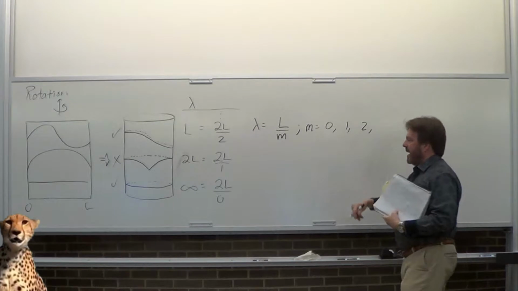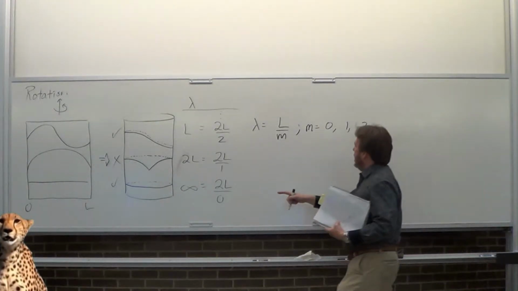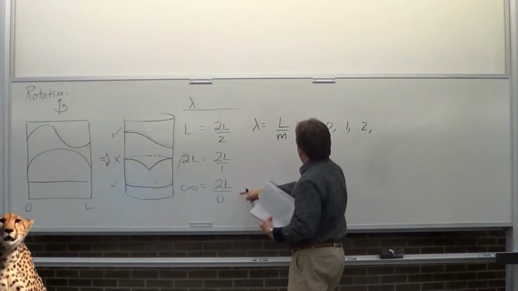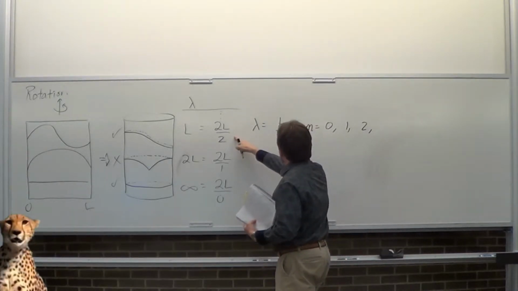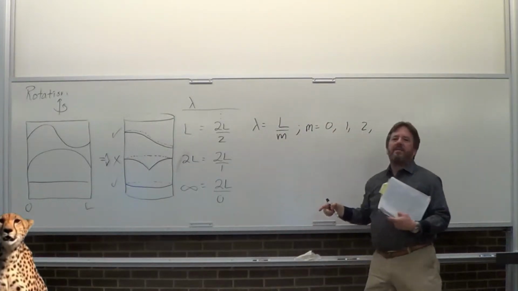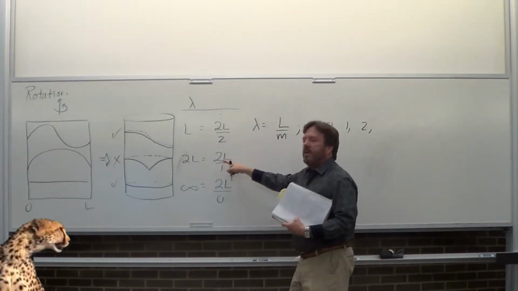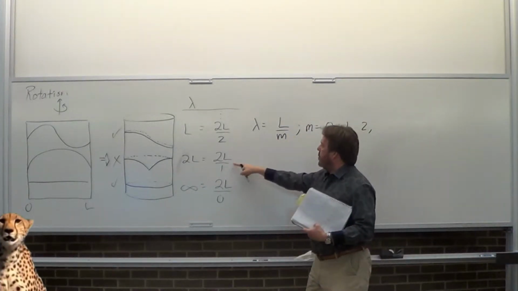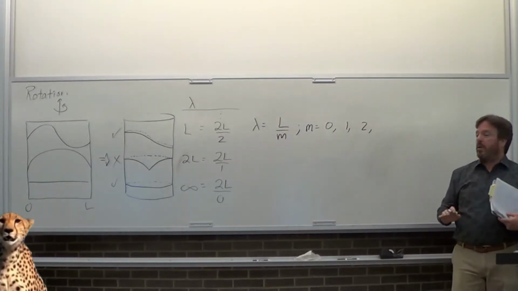So I took out the 2 as well. Then I've got L, and then the next one is a half L. So it has the right pattern, so that works. So don't get confused that the 2 goes away. The reason the 2 goes away, I have 2L here, but I don't here, is because every other one is actually not allowed. That's why the 2 goes away.